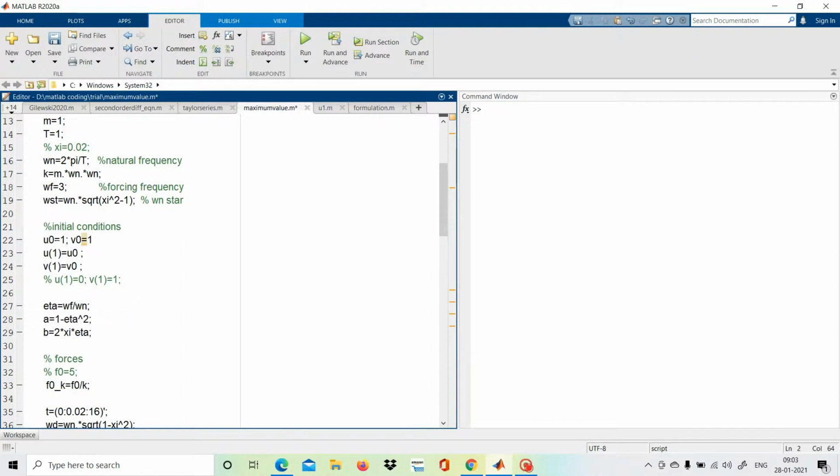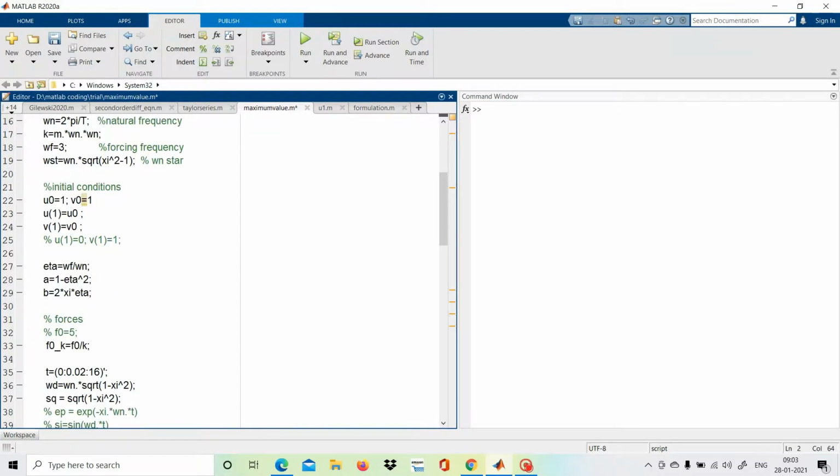And the initial conditions we have written: u naught at t equals 0, so u naught equals 1 and v naught equals 1. These values we have considered in displacement vector format, so it would be the first value, so we have considered u of 1 equals u naught and v of 1 equals v naught.